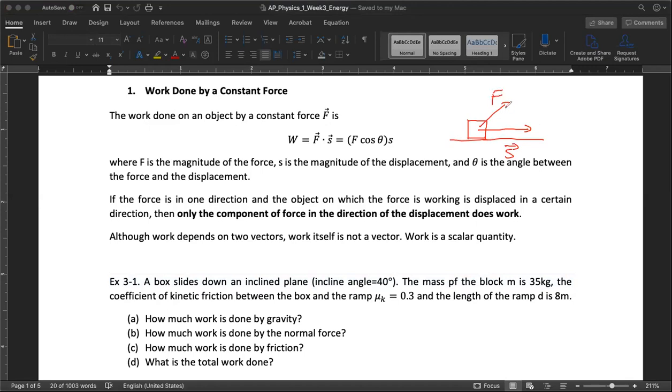Only this component, F parallel, in the direction of displacement does work, and the other component perpendicular to it doesn't. This F parallel is actually F times cosine theta.